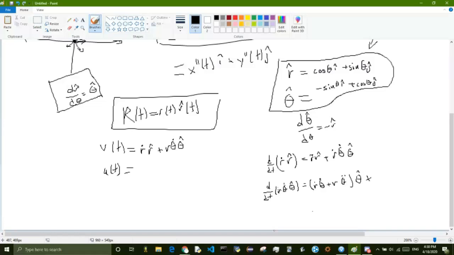We just do r theta dot. Now let's be careful. The derivative of theta hat we calculated was negative r hat, right? But that was with respect to theta, so again, we need to multiply by theta dot, and then we can multiply by d theta hat d theta.